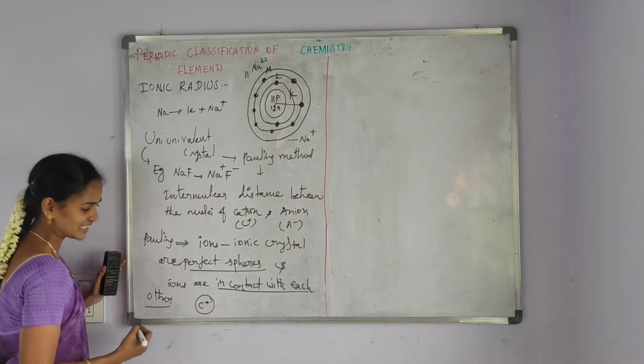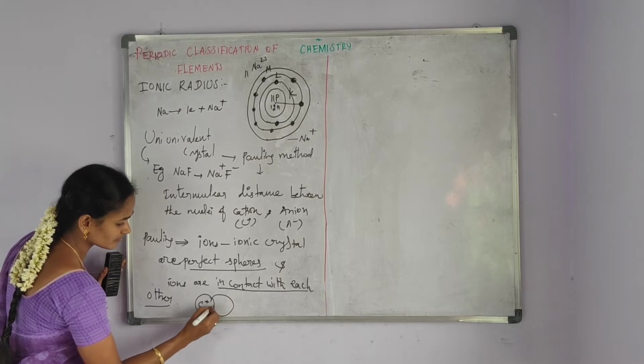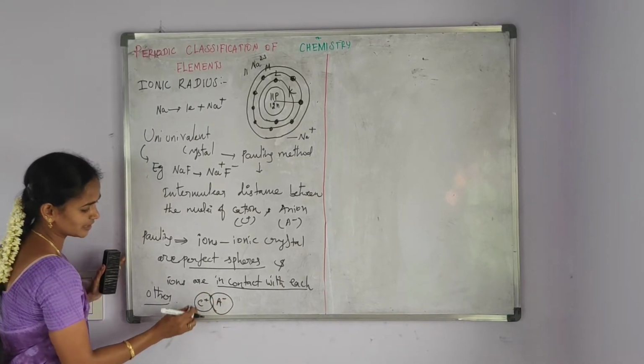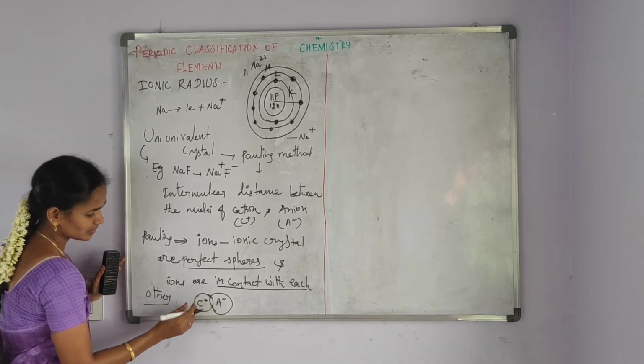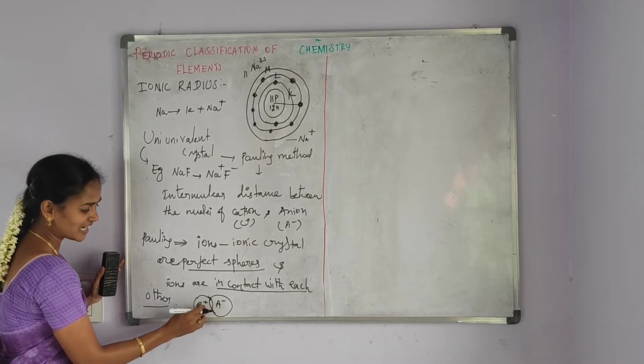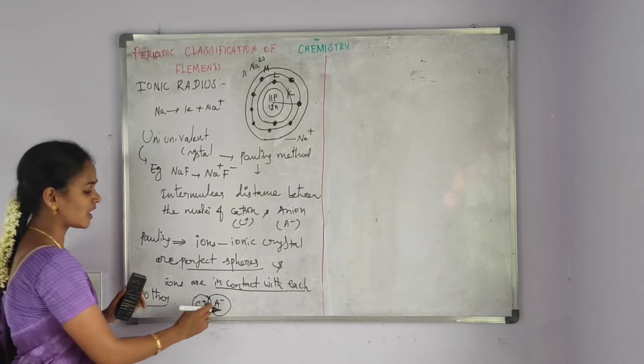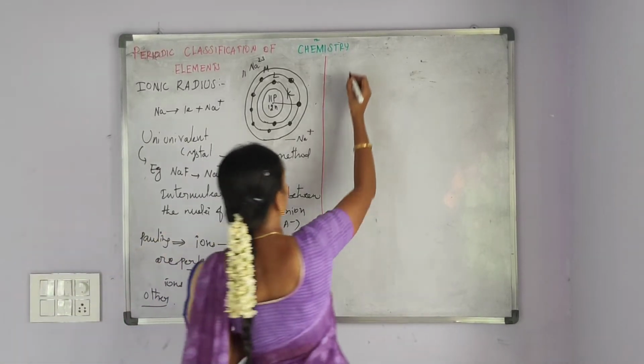This is the cation and this is the anion. So, cation and anion are perfect spheres. Cation and anion are in contact with each other.